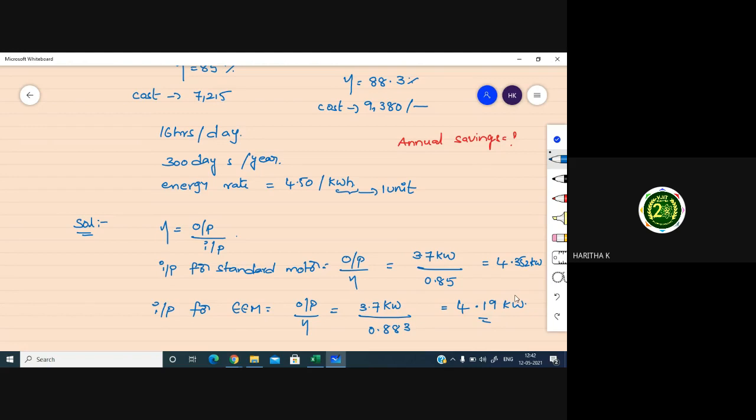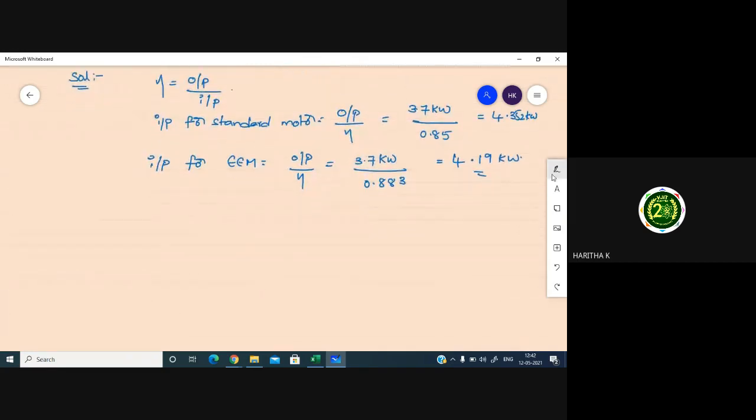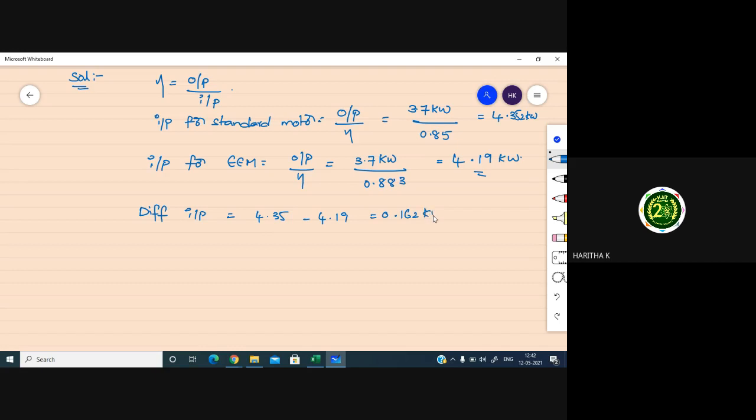This is 4.19, but it is 4.35. So there is a little difference only. So the difference in input between the two motors is 4.35 minus 4.19. You will get 0.162 kilowatts. So this is the difference in input.